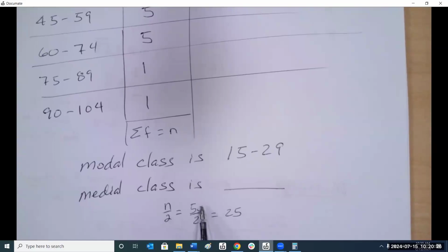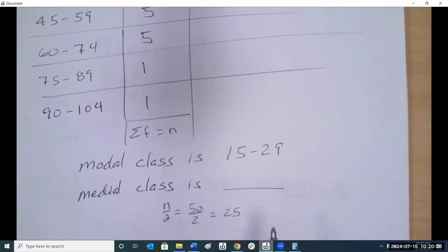So we had 50 numbers, divided by 2, we get 25. Since it's even, we have to go to the 25th number and the 26th number, add them together, and divide by 2. Well, where is the 25th number?